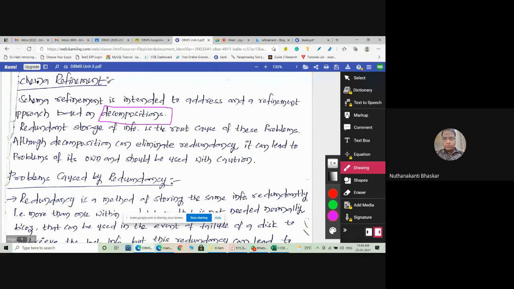Did all of you understand the meaning of decomposition? How to decompose, what are the rules and regulations, I will tell you. First of all, understand the meaning. Why should we decompose, when should we decompose, and where should we decompose, all these things we will discuss one by one.